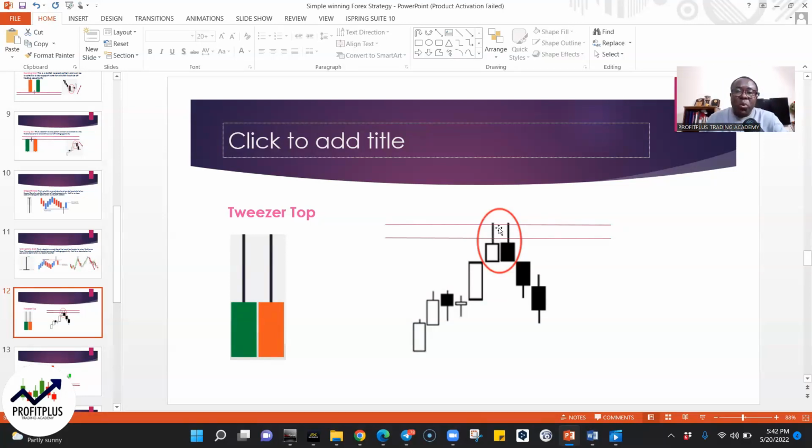If this long wick forms below at a key support area, it means that the strength of the sellers is reduced. So you can see it forming. This is a confirmation around a key resistance area.